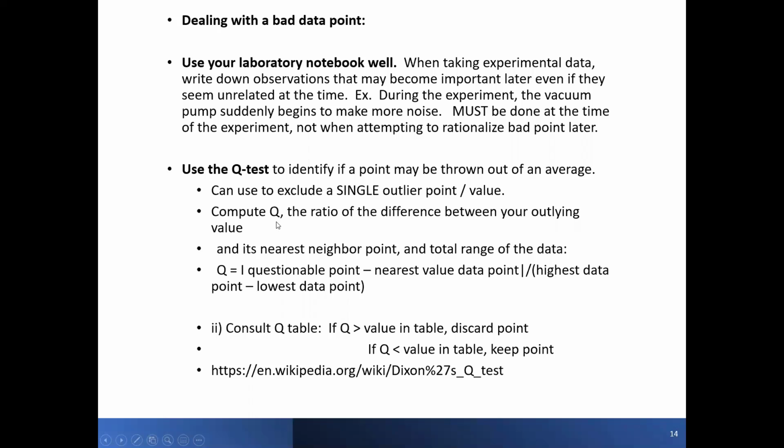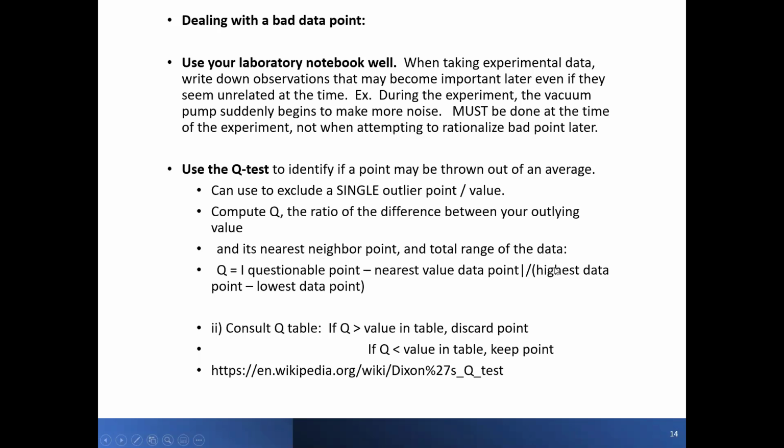In the Q test, we need to compute the Q value. That's basically the ratio of the difference between your outlying value and its nearest neighbor point to the total range of the values. So Q equals the questionable data point minus the nearest data point, taking the absolute value of that, divided by the data range.